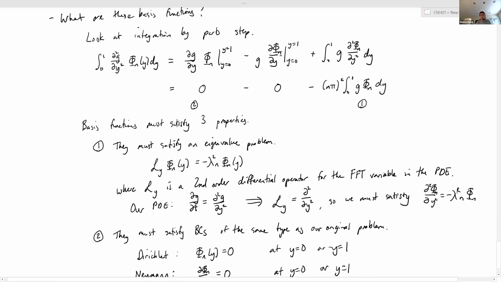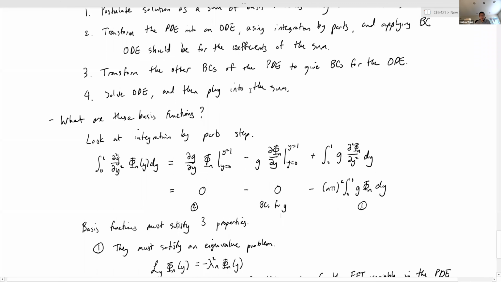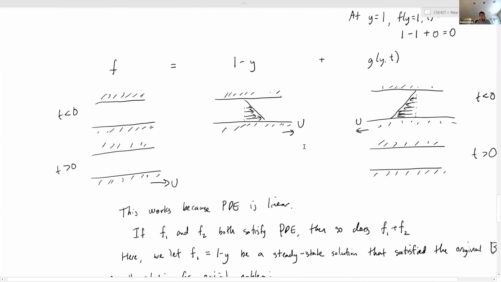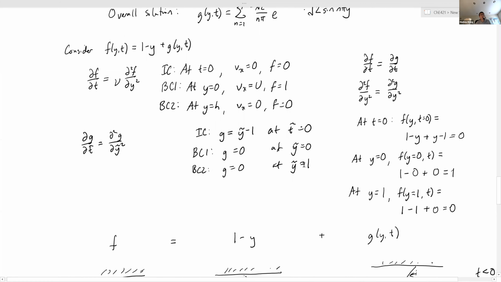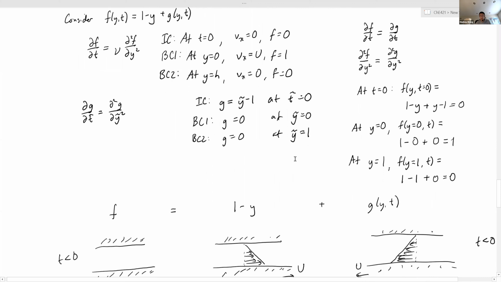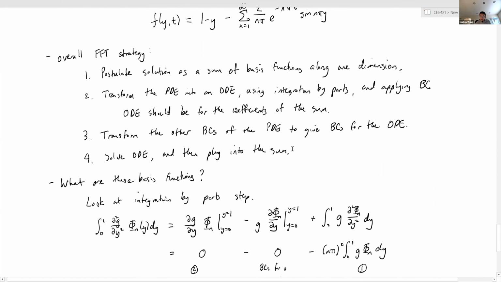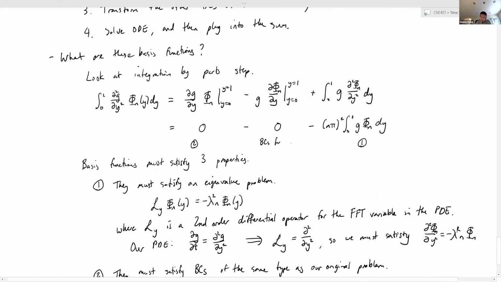And then this third term right here was always going to be equal to 0 because of our boundary conditions, right? Our boundary conditions for g said that g is equal to 0 when y is equal to 0, and g is equal to 0 when y is equal to 1. And so that's how this last term is equal to 0. I don't know why that says u for g. Okay?